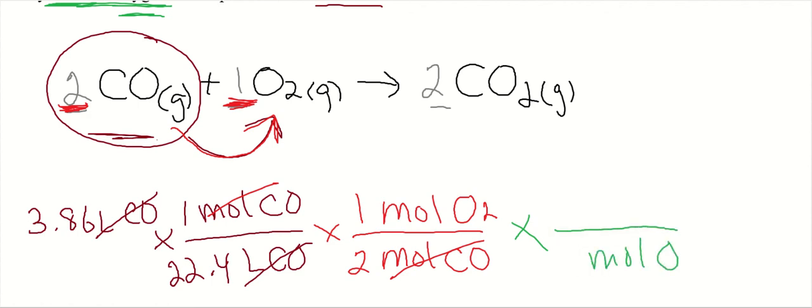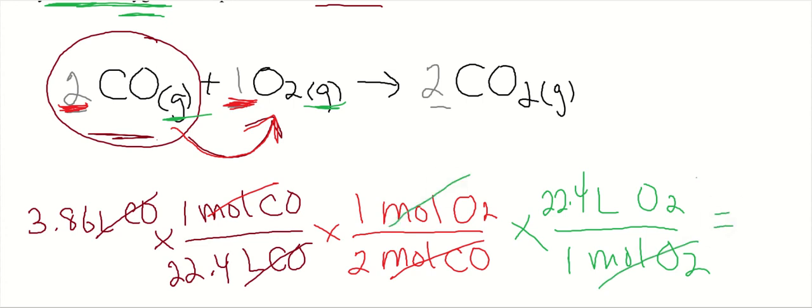We want to get rid of that and turn that into liters of that desired unit. Notice the substance has to match here. The equivalence is 22.4 liters, and this is a gas. It has to be gases. These only apply to gases. 22.4 liters is equal to 1 mole of any gas. So there we go. We've canceled all the units except for liters of oxygen. That's what the problem is asking us to solve for.